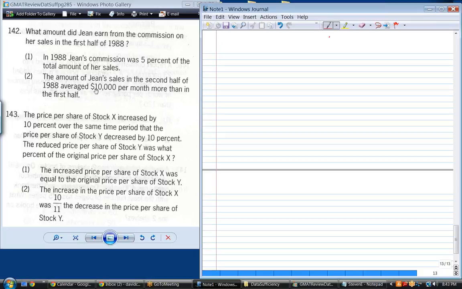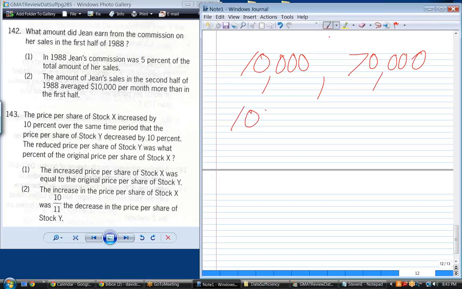You said that she made 60,000 more in the second half than the first half, and that's true. So she might have made 10,000 in the first 6 months. That means she made 70,000 in the next 6 months, right? Yeah. Well, couldn't she have made 100,000 in the first 6 months and 160,000 in the next 6 months?